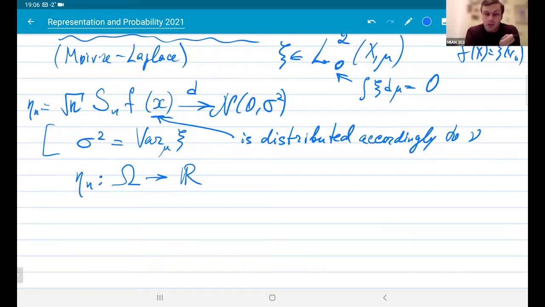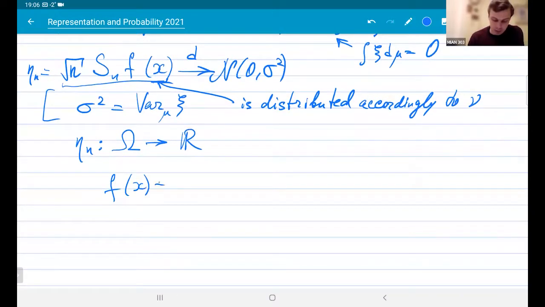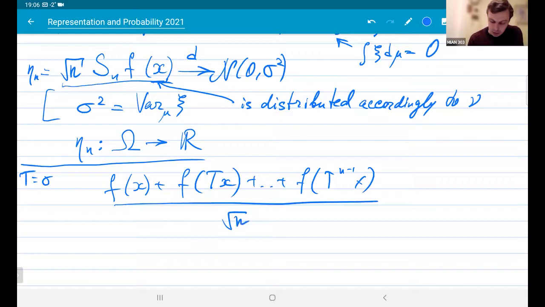And you see that if you rewrite this, then you can say that this is f(x) + f(Tx) + ... + f(T^{n-1}x), where T is the shift, and you divide it by the square root of n, and then this converges in distribution to this normal law.